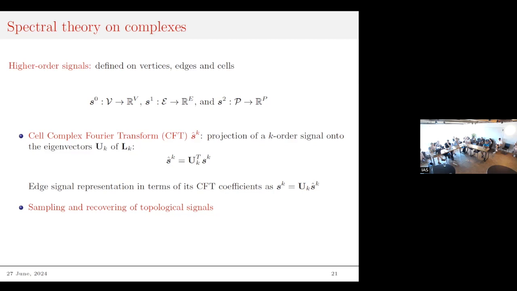We can define a cell complex Fourier transform, a sparse representation of the higher order signal over the cell complex by using the eigenvectors of the higher order Laplacian. And in this case, I can use this sparse representation for sampling and recovering of the edge signal, or also of the cell signal, depending on the complex that we consider.